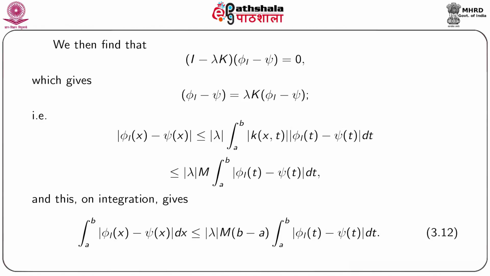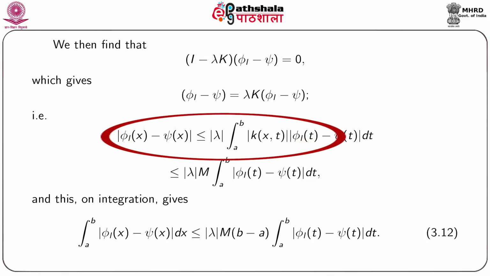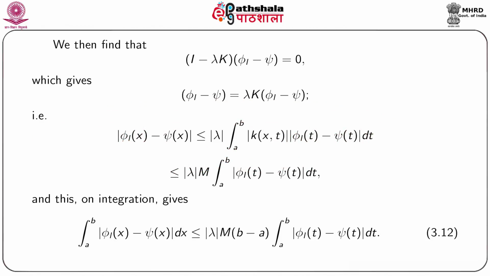Now, we expand this operator form and take the absolute value both sides to see that mod of phi L x minus psi x is less than or equal to mod lambda into integral a to b mod K x t into mod phi L t minus psi t dt.